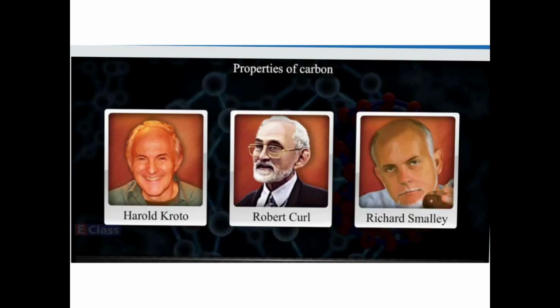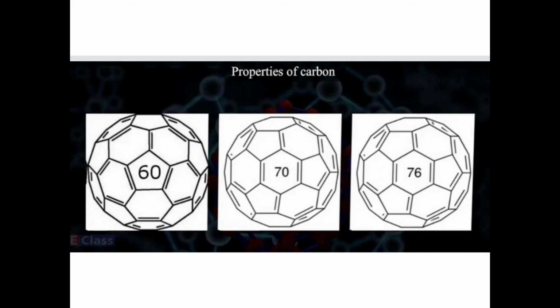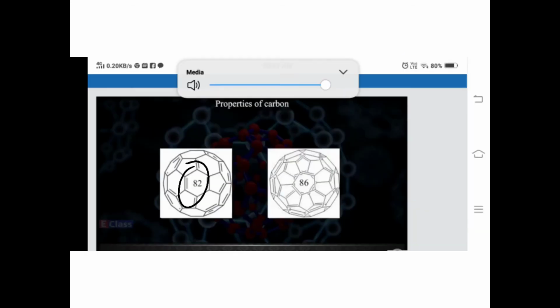Now we don't have just C60, children, we have many examples. So we have C60, C70, C76, then you have C82, then you have C86, etc. So these are the examples of fullerene.